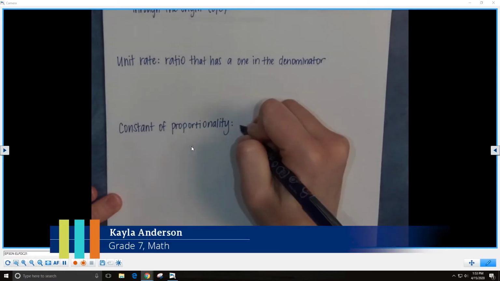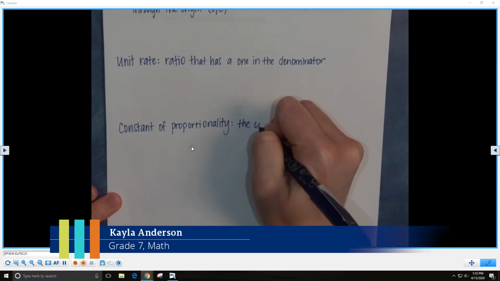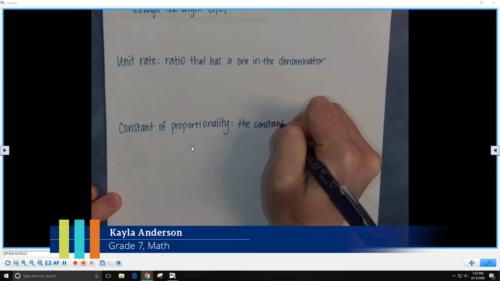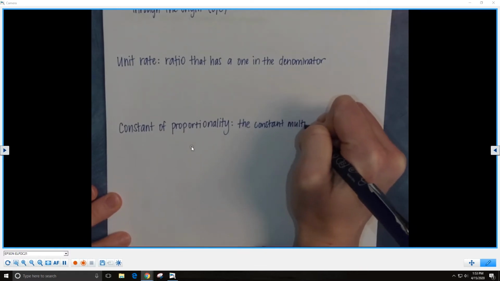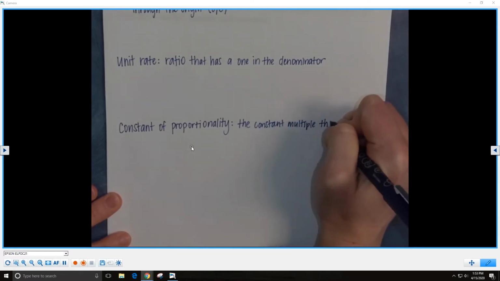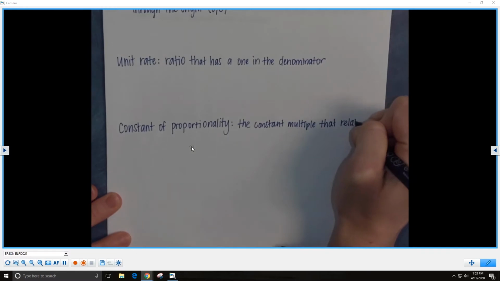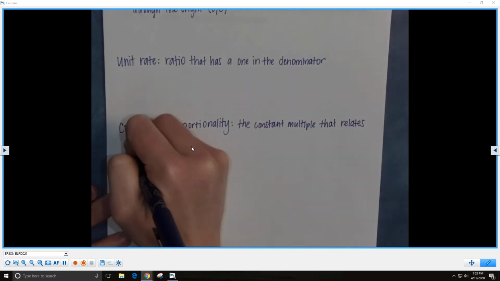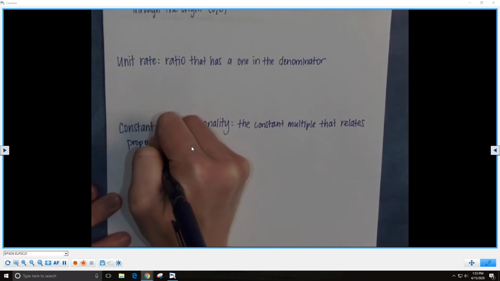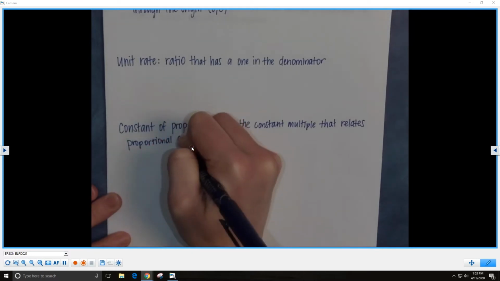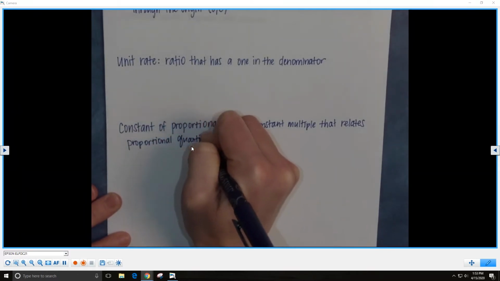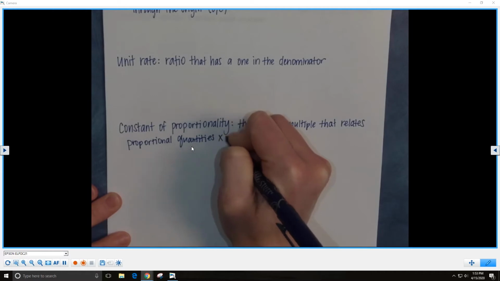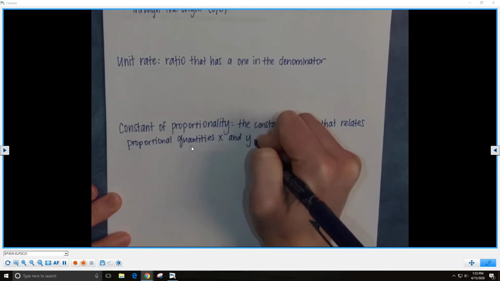The constant of proportionality is the constant multiple that relates proportional quantities x and y.